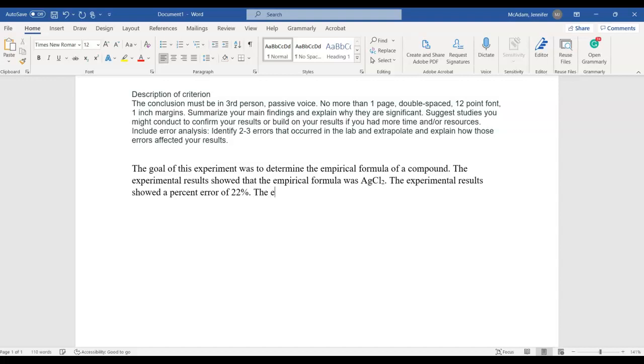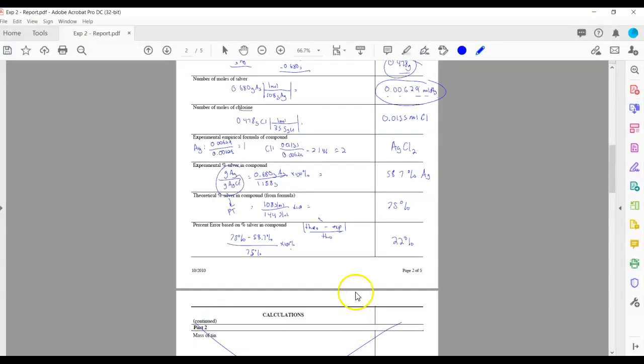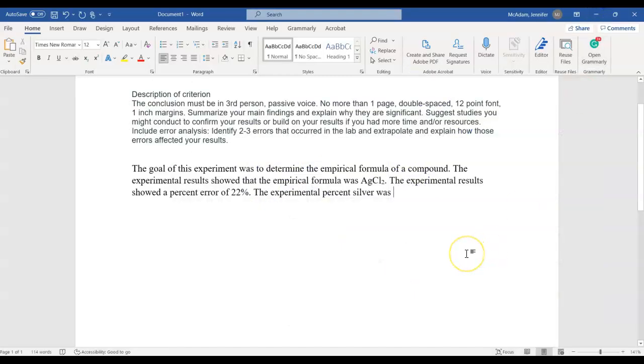The experimental percent silver was, so my experimental percent silver was 58.7%.